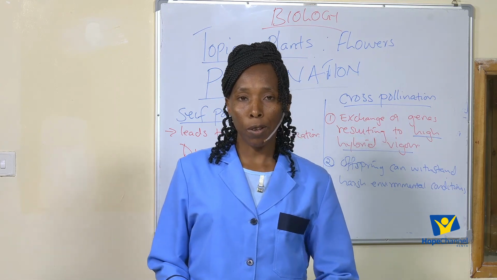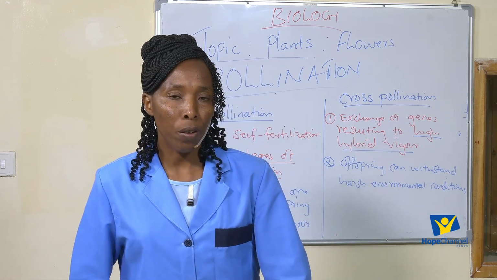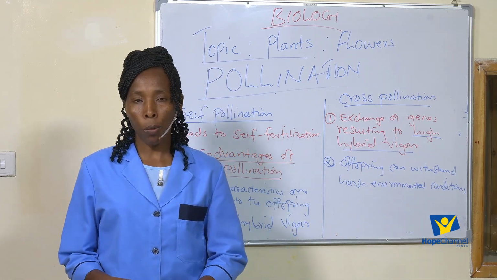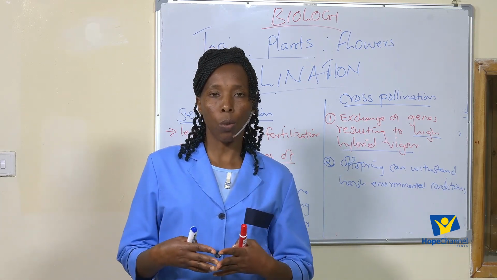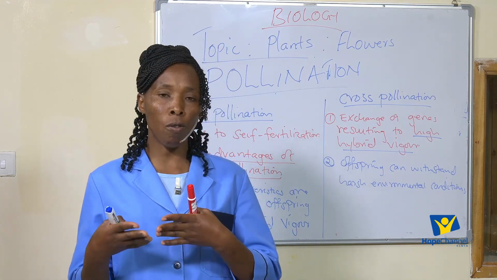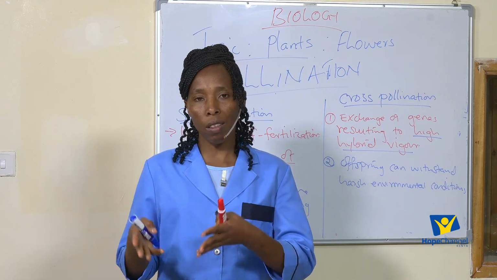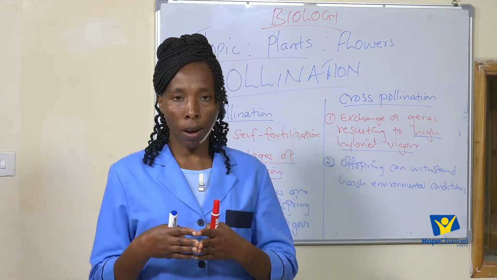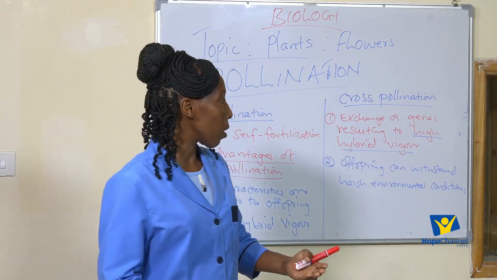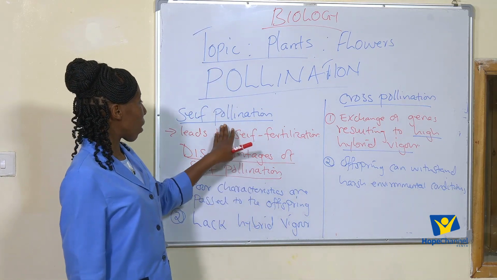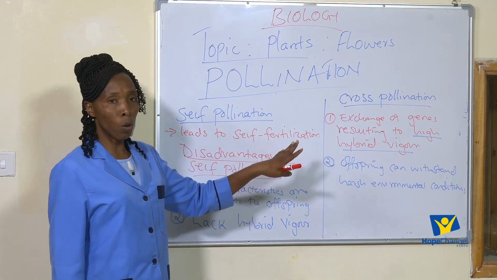Thank you, students, for staying tuned. Before we went for a break, we were discussing pollination, and so far we have defined the term pollination. We said pollination is the transfer of pollen grains from the anthers to the stigma of the same flower. Now, we said we have two types of pollination: self-pollination and cross-pollination.